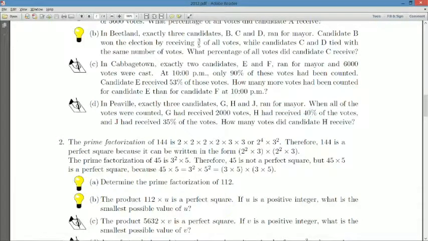Well, we know he receives 40% of the total votes, so it might be useful to try and figure out the total number of votes.